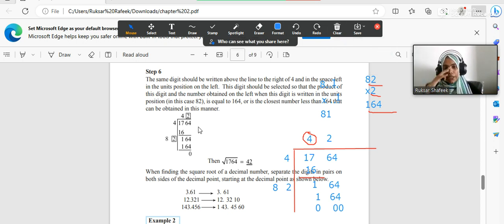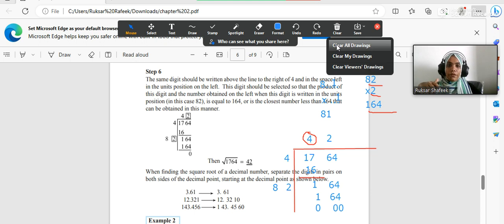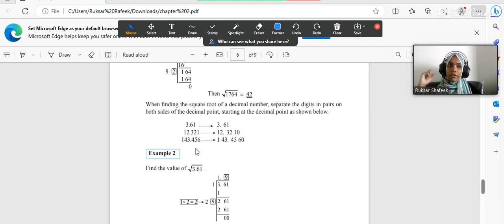Now moving to the decimal part of this itself. Let's say the question has a decimal and they want you to find the square root with the decimal point. Now 3.61, if you remember, we were told to pair them. So pairing happens this way. If you are talking about the whole numbers, the ones, the tens, the hundreds, it happens this way. And when we talk about the decimals, it happens towards the right.